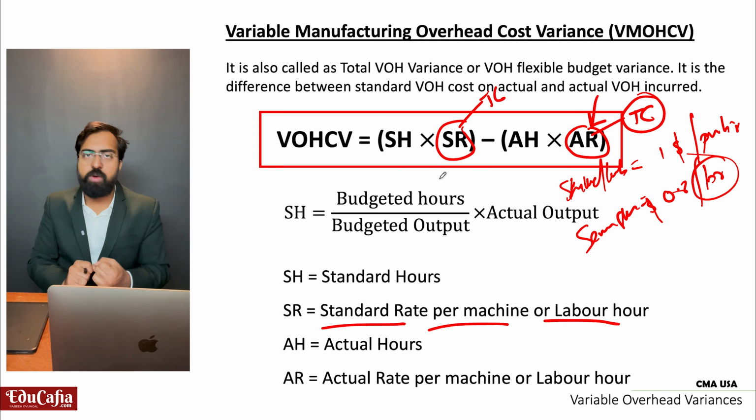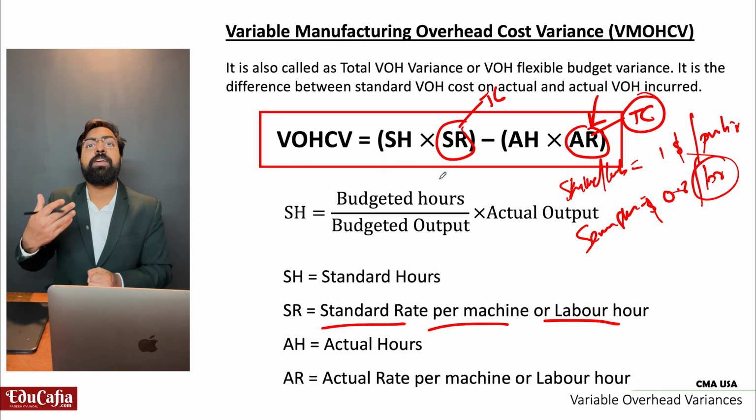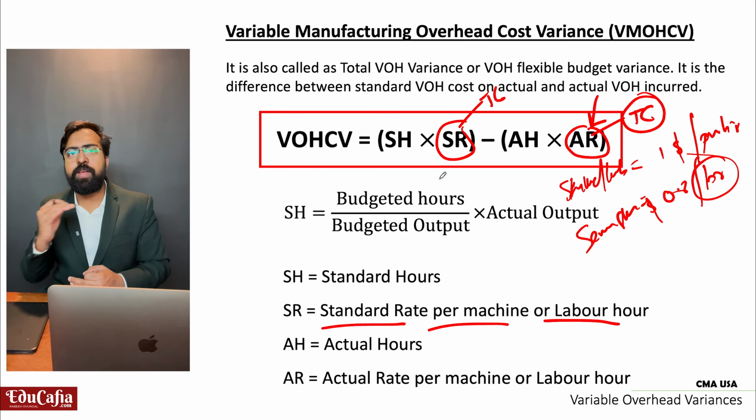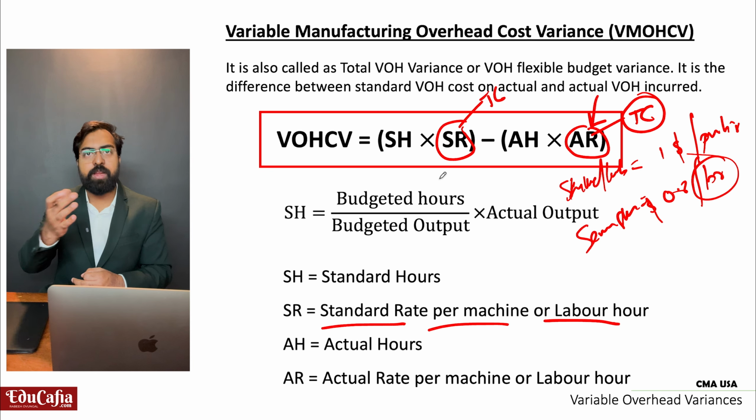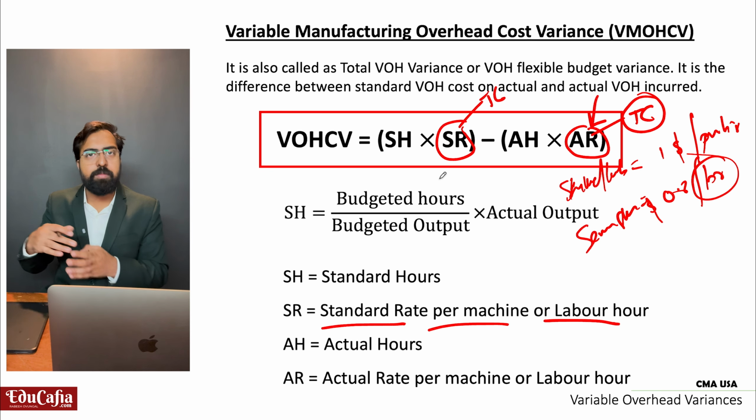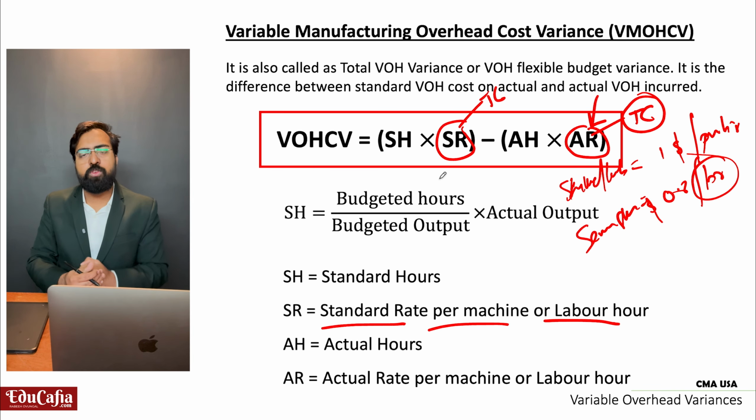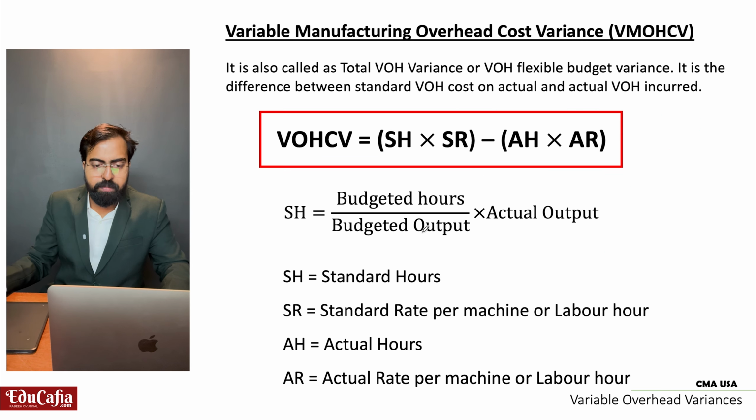When the machinery works. So who is responsible? Machinery. How many hours the machinery is working? Otherwise, sometimes we can say when the labor is working, the machinery is also working, right?